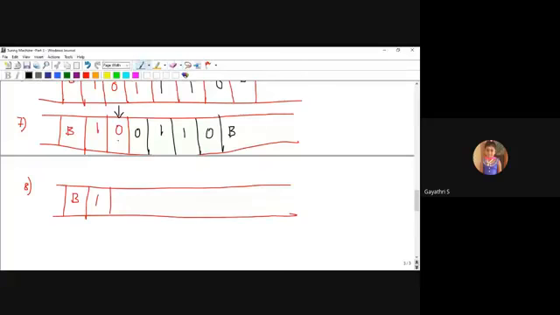Sorry, that 0 is replaced by 1. Now the tape points to here. Next, the remaining part 0, 1, 1, 0. Okay.